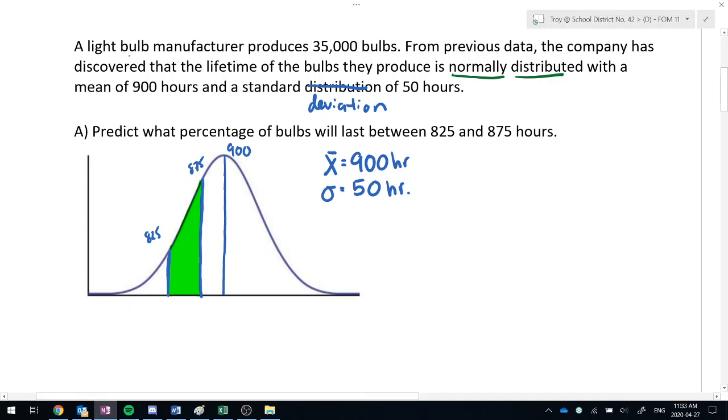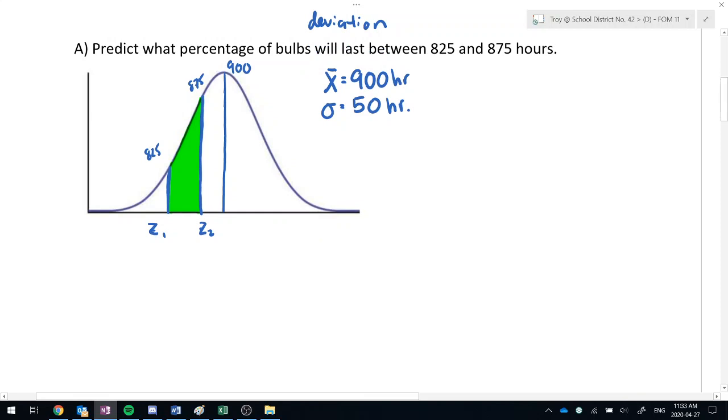Okay, so we want to find the z-score for these two. So we want to find z1, we want to find z2. So we can go and use the z-score table to find the area there. Well, that means that we're going to have to use our z-score formula for both of these.